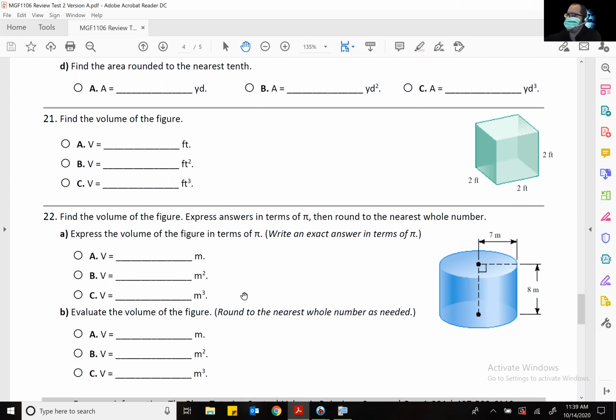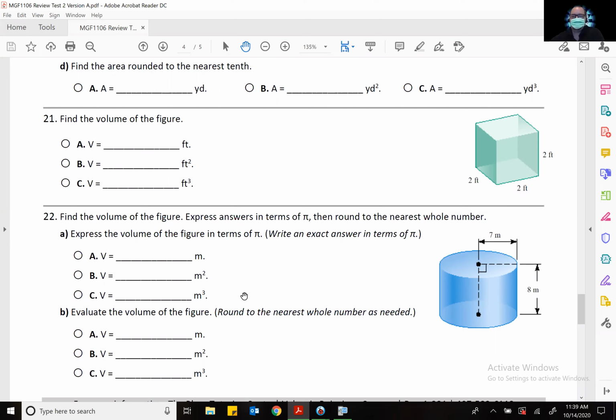Do you remember what the volume formula for a cube is? No. Or for a prism like this? One second. Yeah, sorry, I don't quite remember how to find volume.